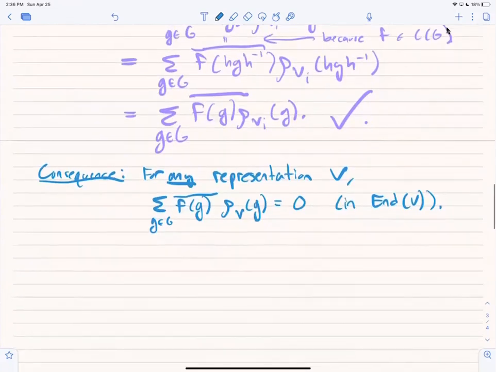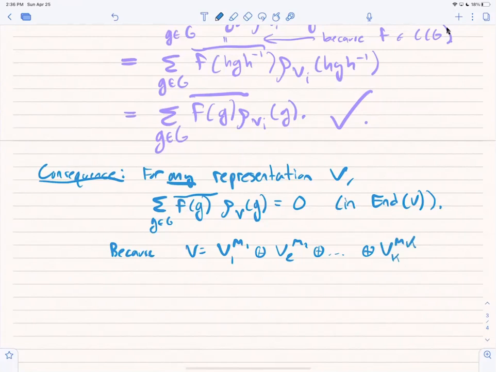And this is because any representation V is V1 to the M1 plus V2 to the M2, and we just decompose it into a sum of irreducibles.